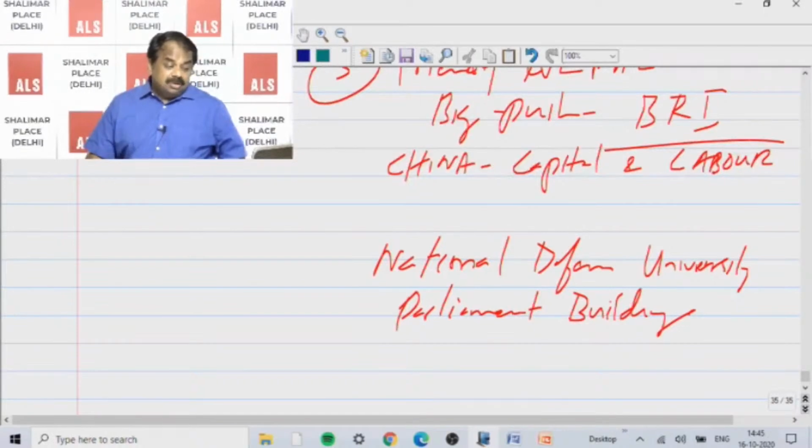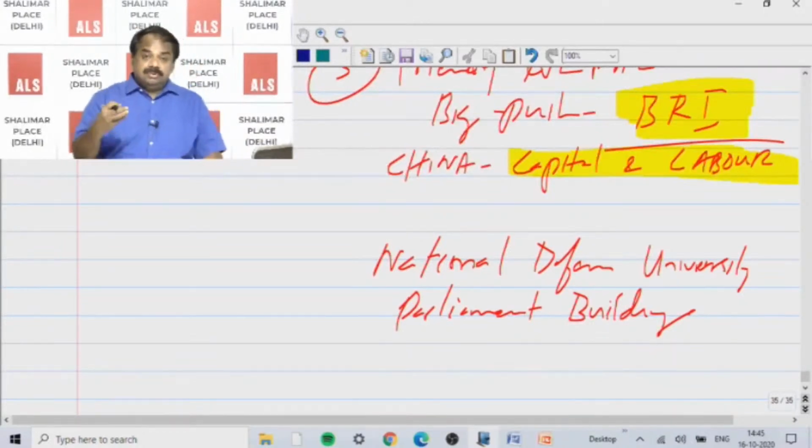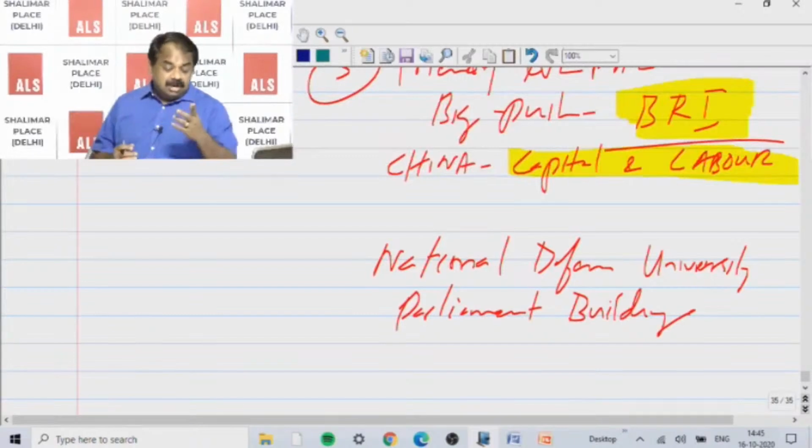This can be a part of their Belt and Road Initiative, where China can export their capital and labor, which can boost the Chinese economy ultimately. And China has plenty of foreign exchange reserves, as I already mentioned in many places. So, these are some of the interests of China in Nepal.